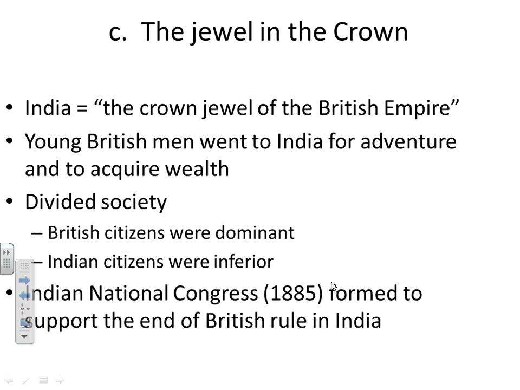So we see an Indian nationalism start to percolate, and the Indian National Congress was formed in 1885, and this is one of several groups that will start to agitate and try to bring about a political solution here where the British would be removed from power and India would be returned to be run and controlled by the natural-born citizens of India.